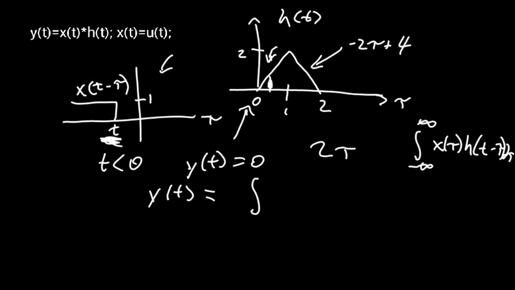Okay, so now we have this integral being set up, and it's from 0 to t, 2 tau, d tau, which, when you solve it, is equal to t squared. Okay, now that we have that, we are going to consider the next section, which will be as it's passing 1.